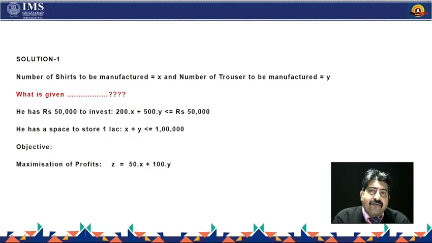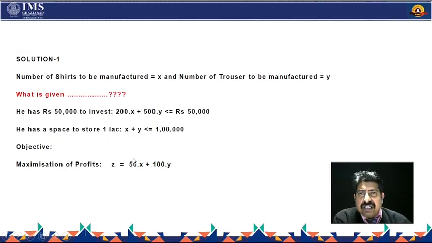So if X shirts and Y trousers are manufactured, together they can either equal 1 lakh or be less than 1 lakh. So X plus Y is less than or equal to 1 lakh.